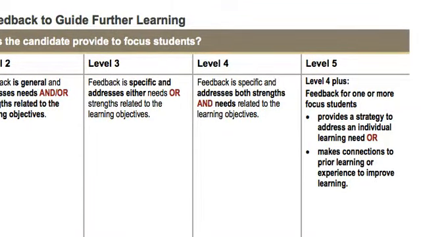Level 5, feedback for one or more focus students provides a strategy to address an individual learning need or makes connections to prior learning or experience to improve learning. Again, they're asking you to do this, so I don't know why you wouldn't.